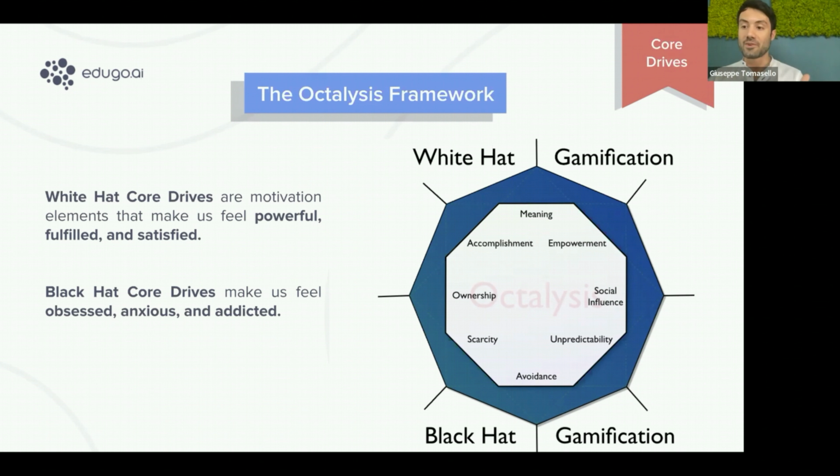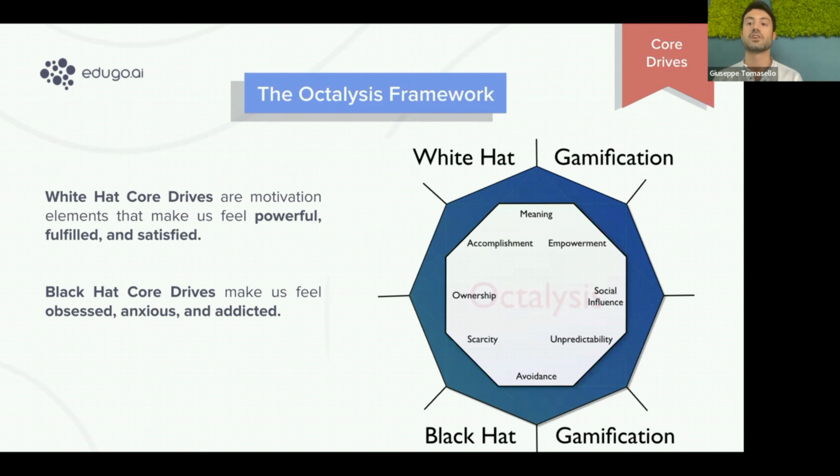A really good example of gamification for meaning is the contributors of Wikipedia. People contribute to Wikipedia, spending a lot of time and resources, because they feel empowered by this big mission of saving the world's knowledge, right?